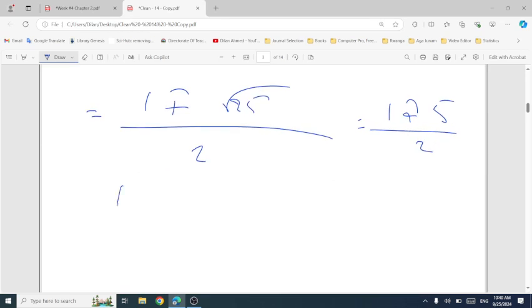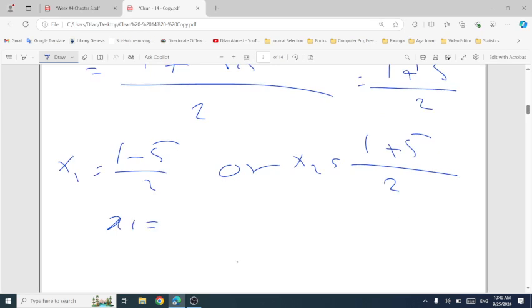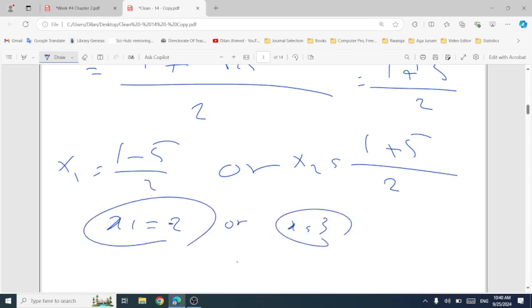So it means 1 minus 5 over 2 or 1 plus 5 over 2, and you'll get x equal to minus 2 or x equal to 3. You'll get the same result. Up to you. Whichever method you like, you can use.